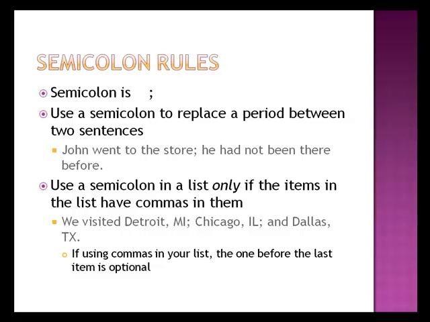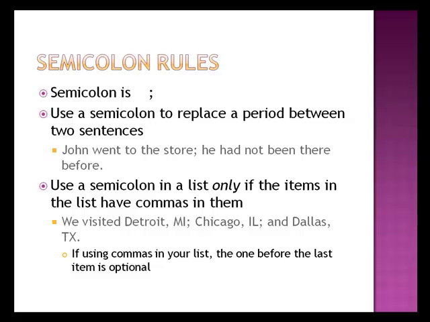And then I thought I would just tell you that if you have a list of items, if you have Detroit, Chicago, and Dallas, you would put commas between them. But if you have Detroit, comma, Michigan, Chicago, comma, Illinois, and Dallas, comma, Texas, you can't put comma, comma, comma, comma, comma, comma, so you put semicolons between each item in the list.